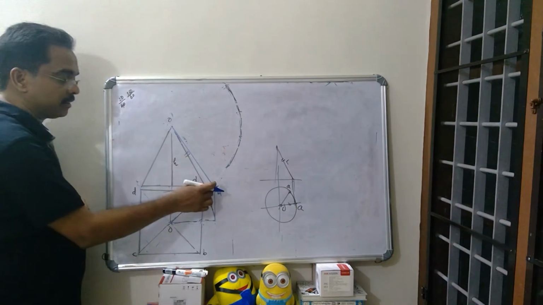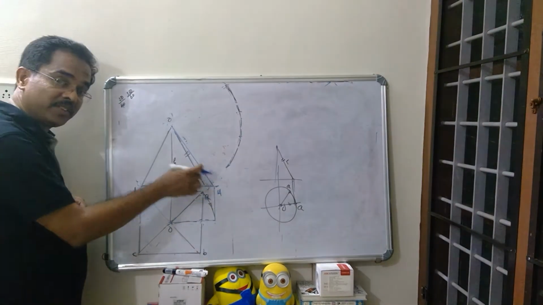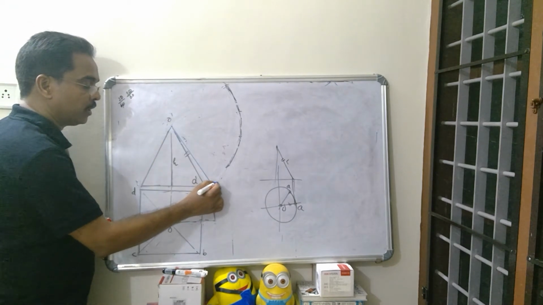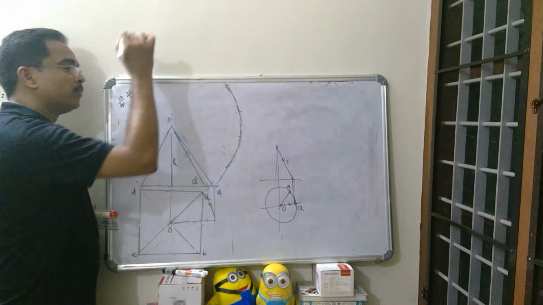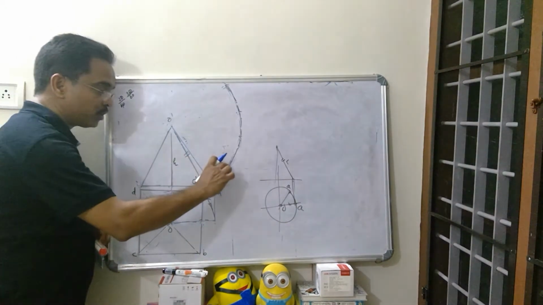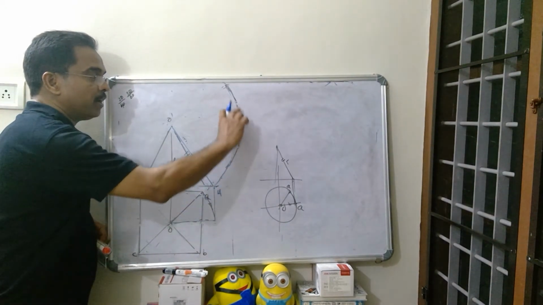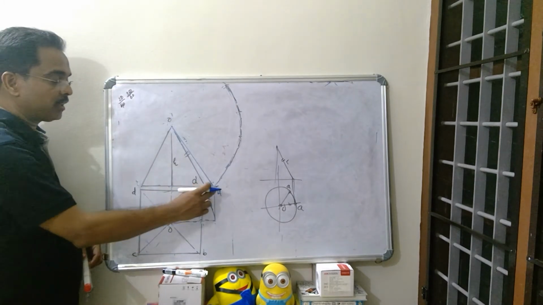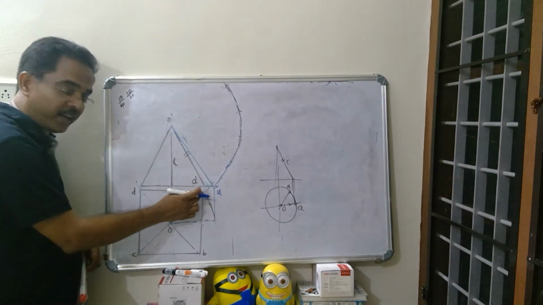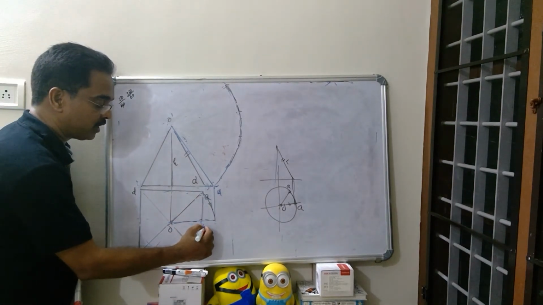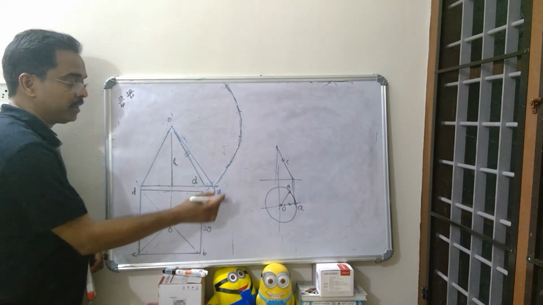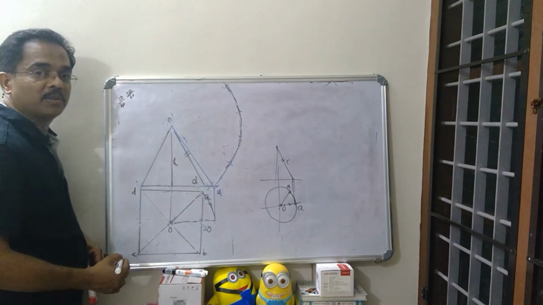Now I have the radial measurement, the true length. With O as center and OA as radius, draw an arc. Here there is no need of finding the angle theta. Why? Because we know each and every arc length. What is the arc length AB? Next point should be B. What is the true measurement of AB? That is the base measurement. For example, if this is 20, take A as center, 20 mm radius, cut an arc on this.